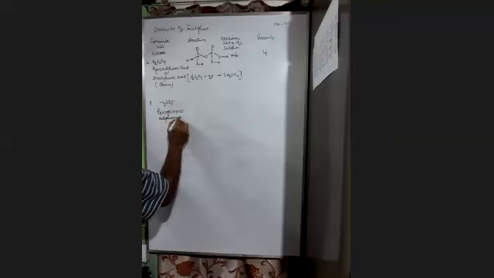We call it peroxomonosulfuric acid. Okay, this has a common name. We call it Caro's acid. Okay, what is the structure? Please remember, this group is called peroxo. So this group is there.